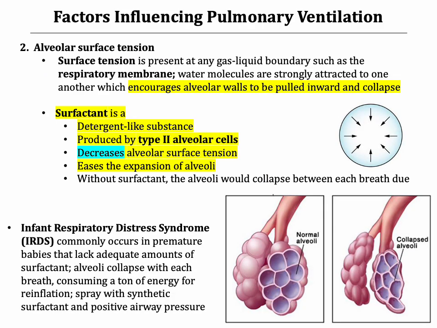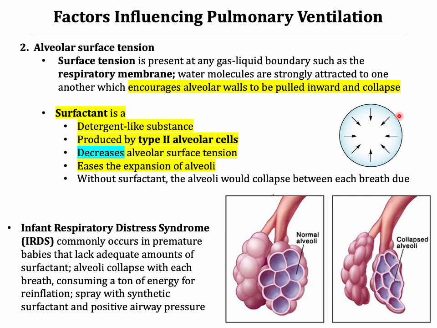So then alveolar surface tension is an important factor influencing pulmonary ventilation, and it has to do with surface tension and the production of surfactant. Surface tension is present at any gas-liquid boundary. So it is present at the respiratory membrane, and it's present on the inside of the alveolar wall.